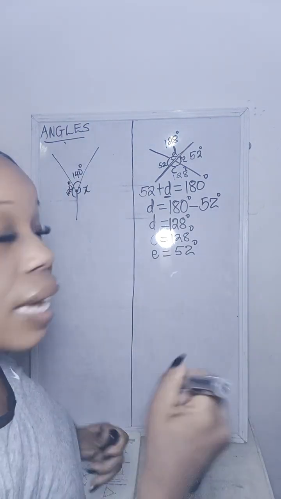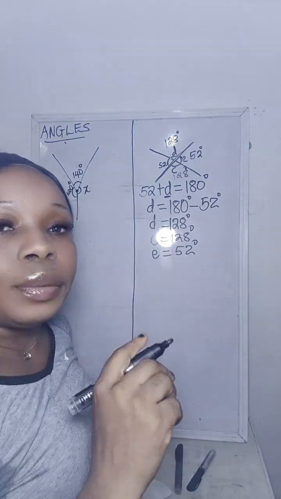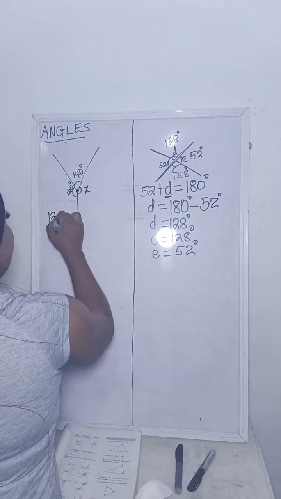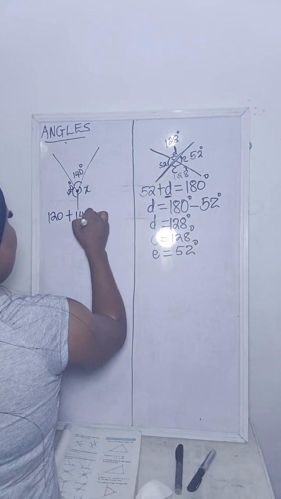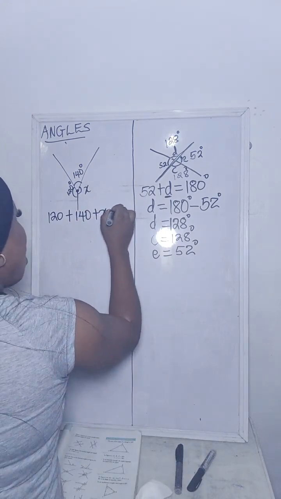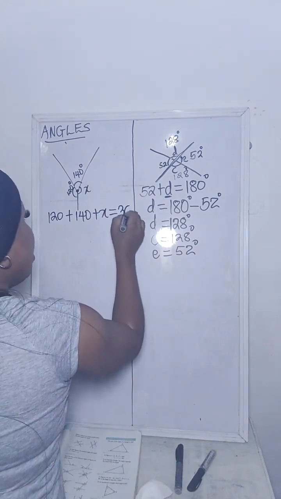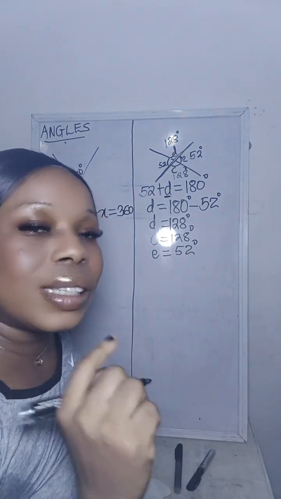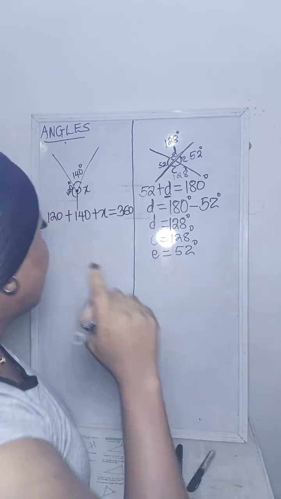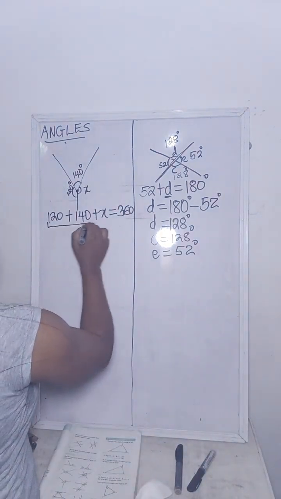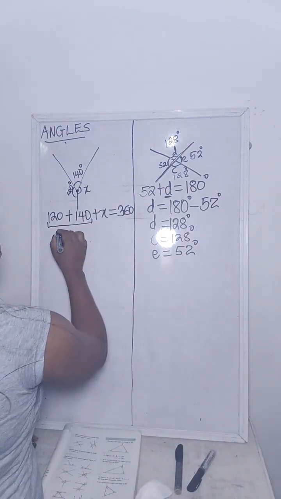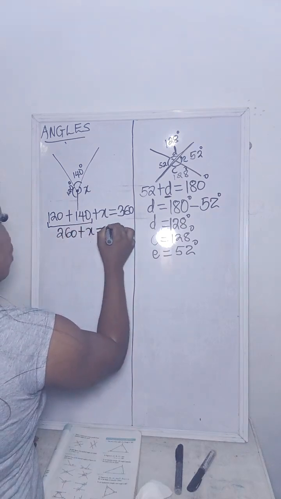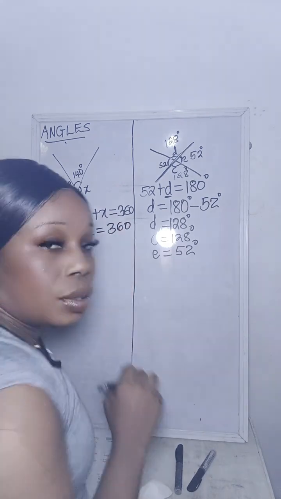So for us to find x, you add up what we have. That will be 120 plus 140 plus x. All of these have to sum up to 360 degrees because they are angles at a point. So let's add this up. That gives us 260. 260 plus x equals 360 degrees.